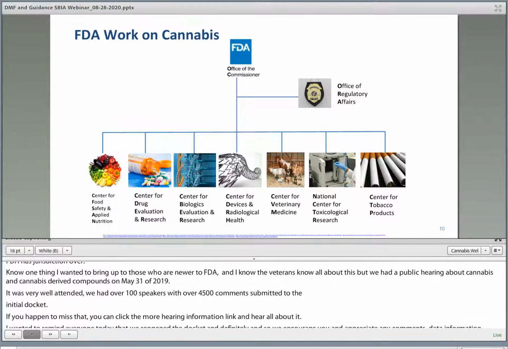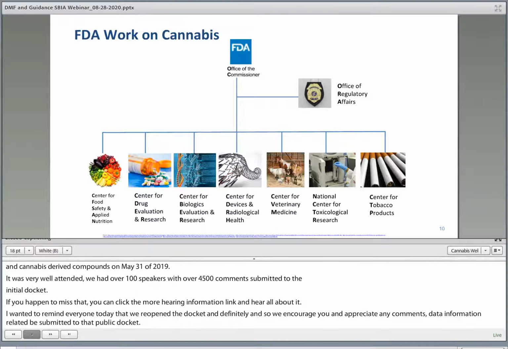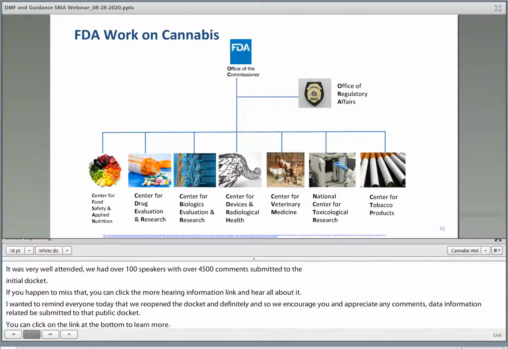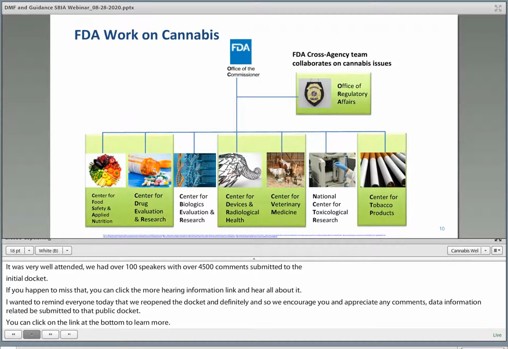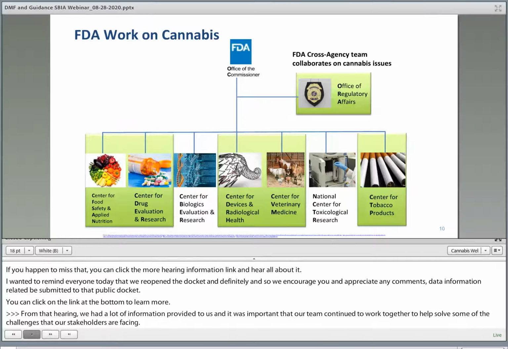Now, from that hearing, we had a lot of information provided to us, and it was important that our team continue to work together to help solve some of the challenges that our stakeholders are facing. And so here's a quick org chart of FDA. As you can see, we have a huge team that across the agency works together on cannabis issues, and all of the centers essentially are working together to resolve these issues.